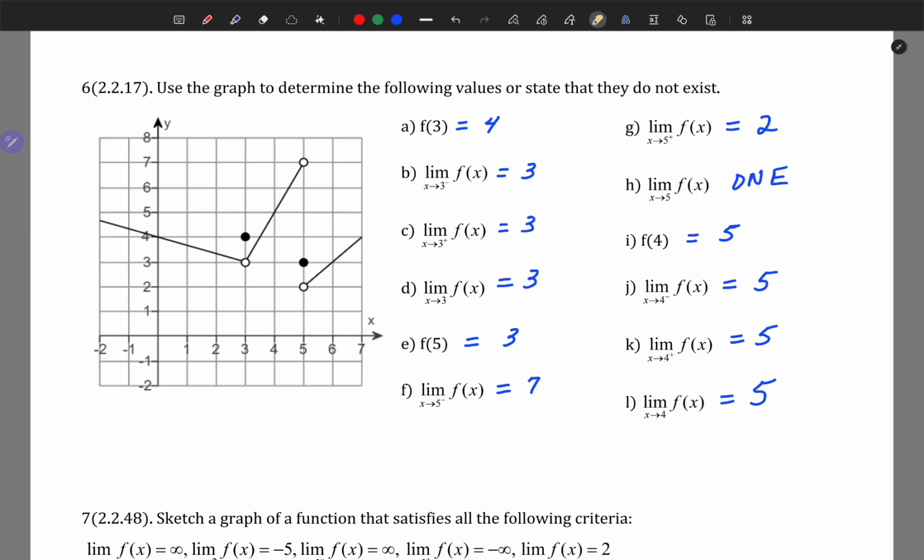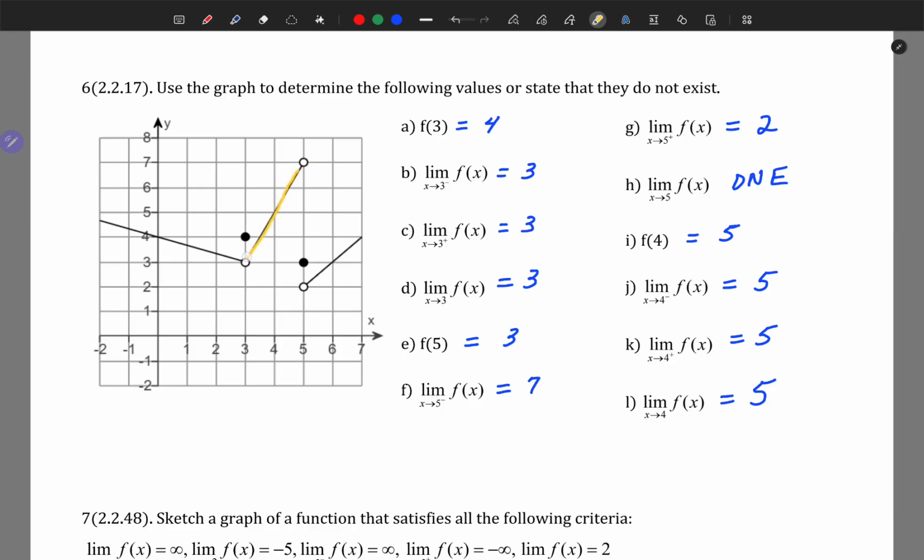The limit as x approaches 3 from the left. And I said, well, the limit as x approaches 3 from the left, it's going to be coming in and saying, well, as I'm approaching 3 on the left-hand side, it's going to this y value. That y value is 3. The limit as x approaches 3 on the right-hand side, it would be coming down as I'm approaching 3 on the right.